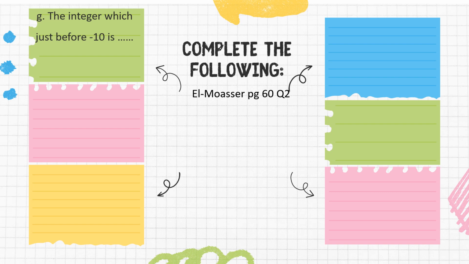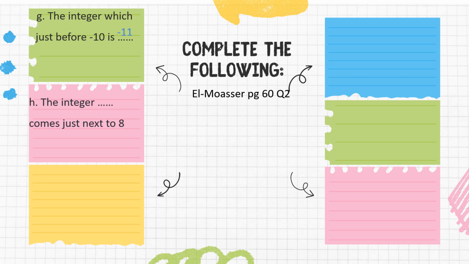The integer which is just before minus 10 is minus 11, because before means smaller, and smaller than minus 10 is minus 11, not minus 9. Okay, don't get confused. Think before answering. See the number line in front of you and decide based on it.